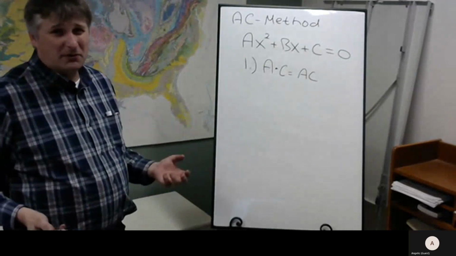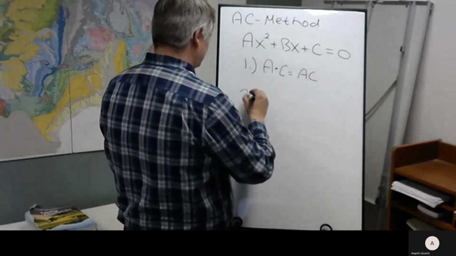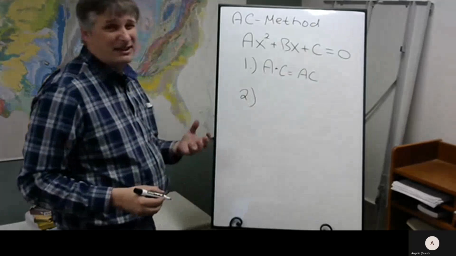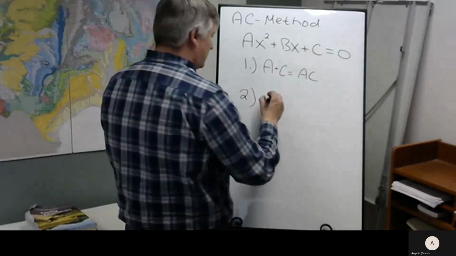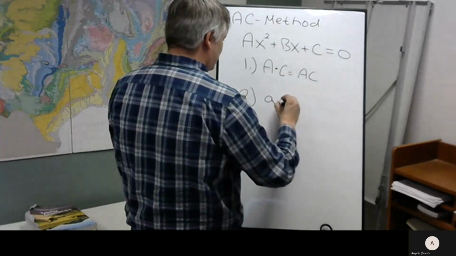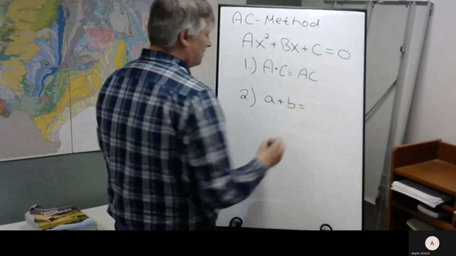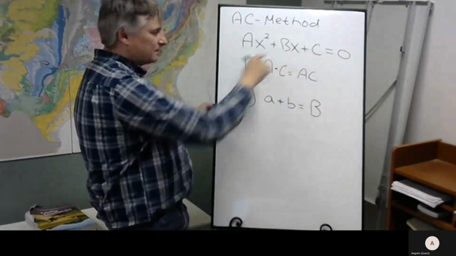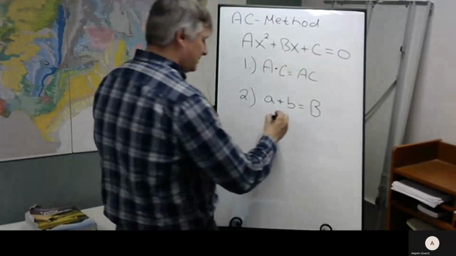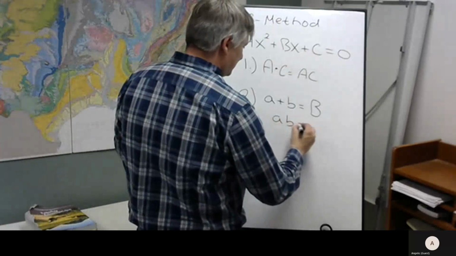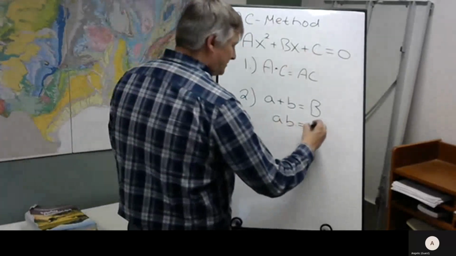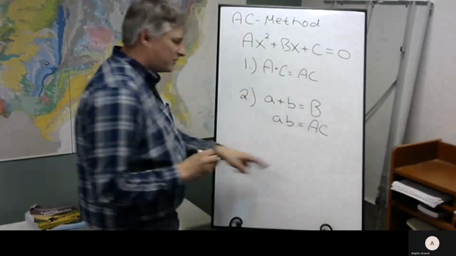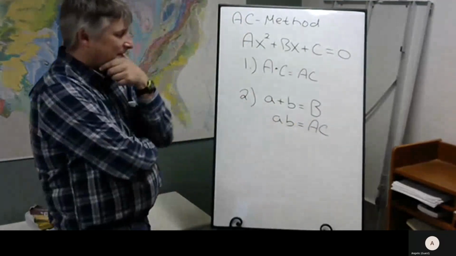And then what we're going to look for is this. It's sort of like guess and check. We want a number A and B where they add up to this B, and then A times B is equal to AC, whatever this product was.